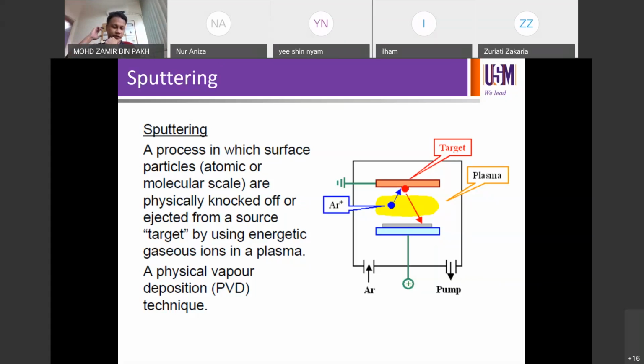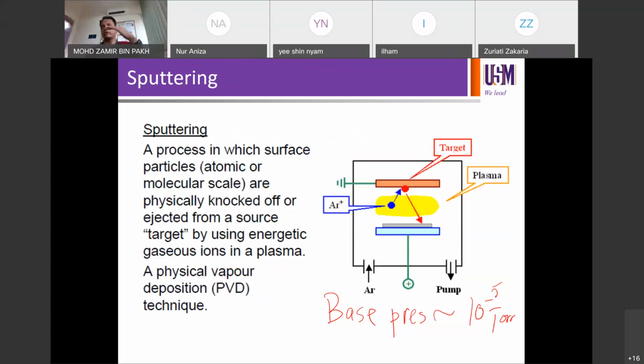Yeah, somewhere around 10^-5, right? So you need to use a base pressure of about 10^-5. That's called base pressure as well, just like what we call in evaporation. Base pressure is typically about 10^-5 torr.